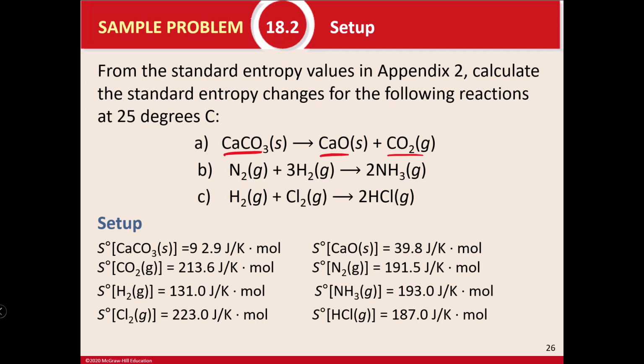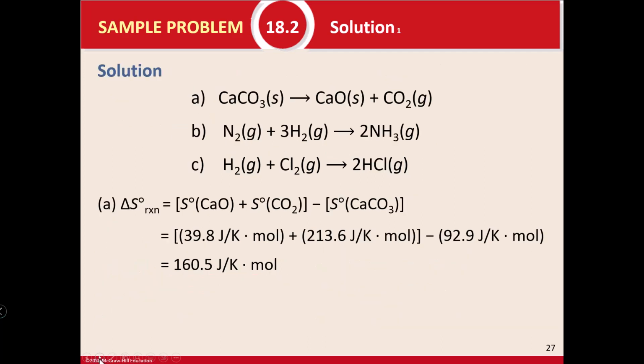Here is the entropy of the calcium carbonate, here's the entropy of the carbon dioxide, and here's the entropy of the calcium oxide. Then you add up the entropies of the products and subtract the reactants. Very easy problems. These are easier than what we've been doing, right?